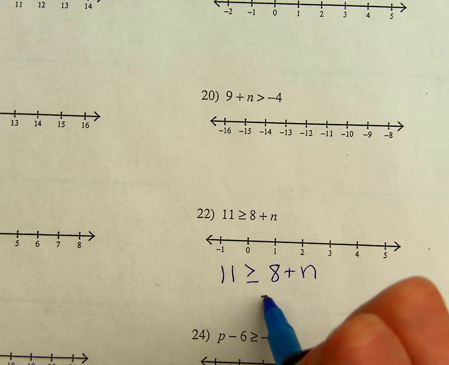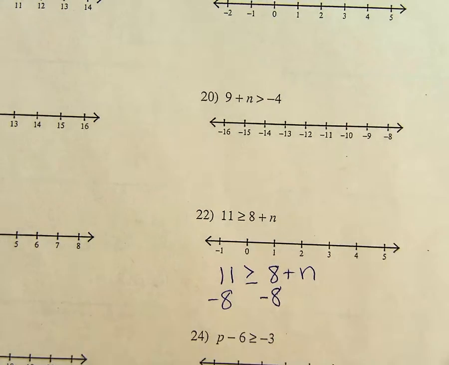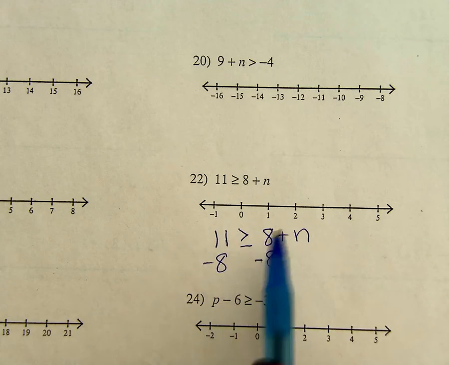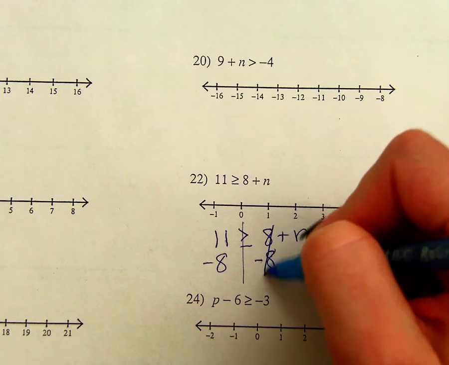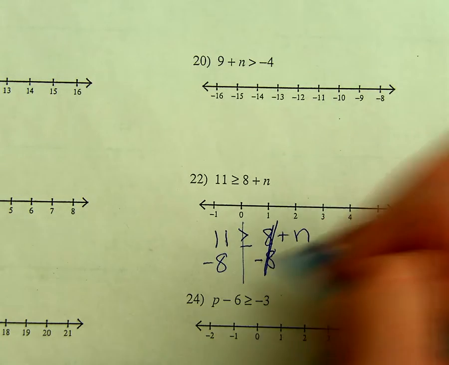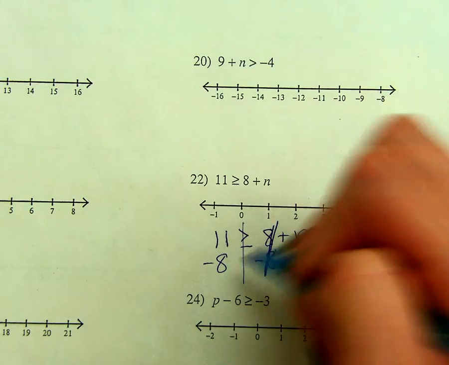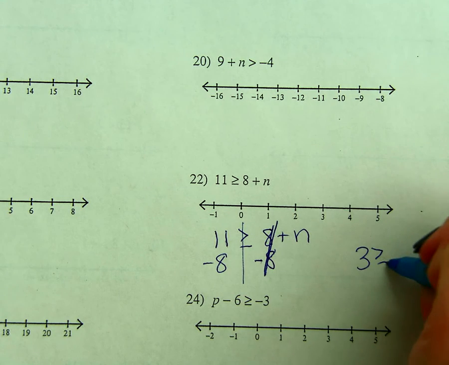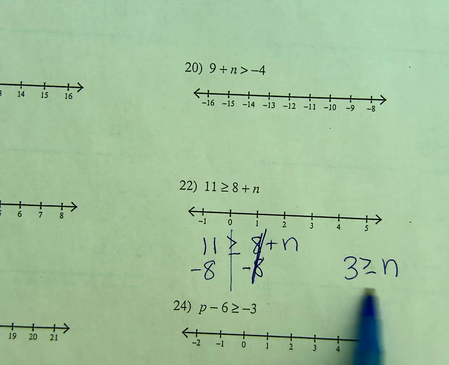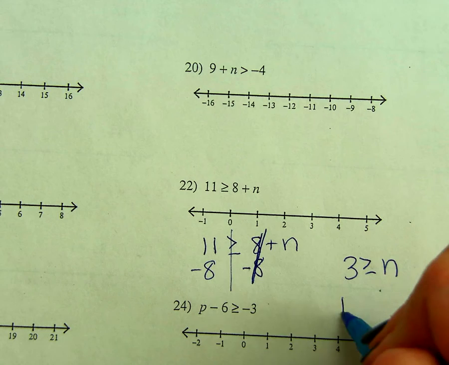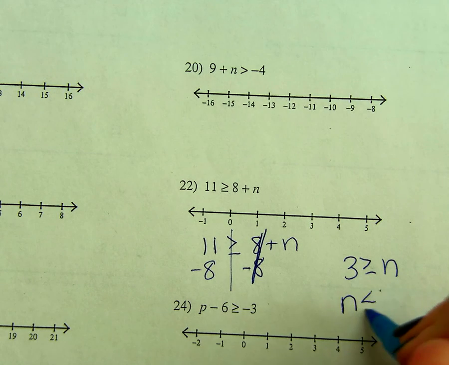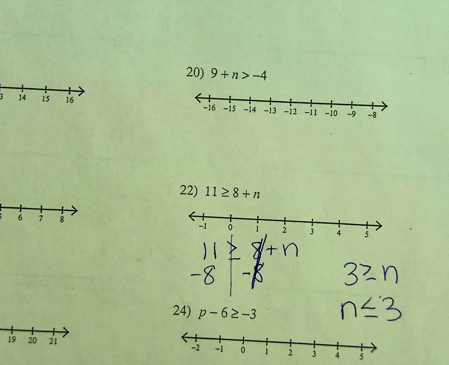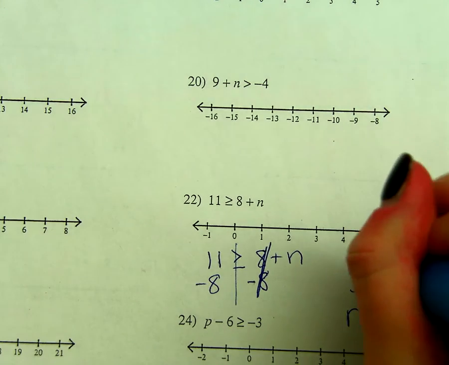You're going to subtract 8 from both sides just like we've already done. You need to get the n by itself. So we will be left with 11 minus 8, 3 greater than or equal to n. Please make sure that you flip-flop your equation. You need to have the variable first.